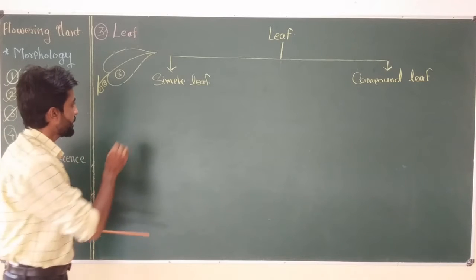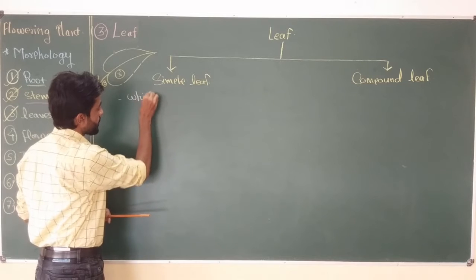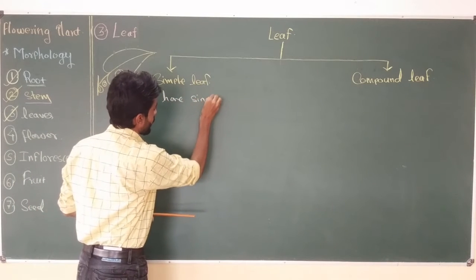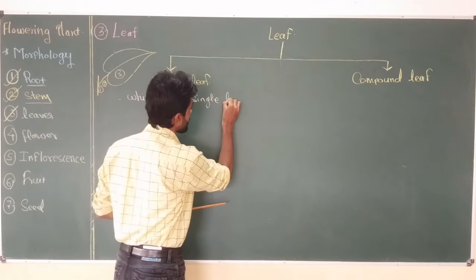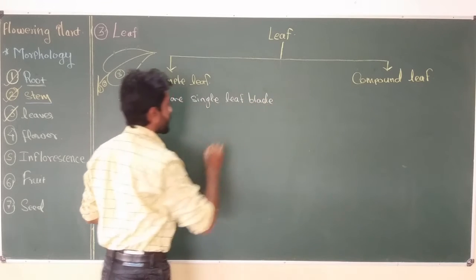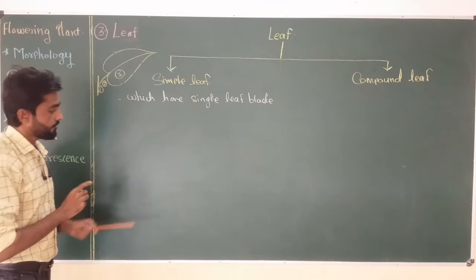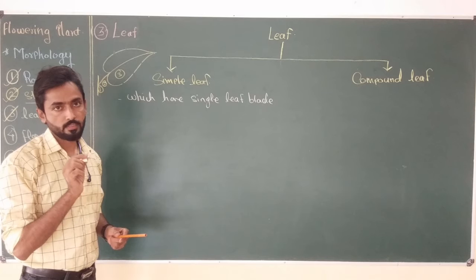Simple leaf is nothing but the leaf which has a single or intact leaf blade. Leaf blade is nothing but the lamina. So in this case, the leaf has a single, entire, continuous lamina.